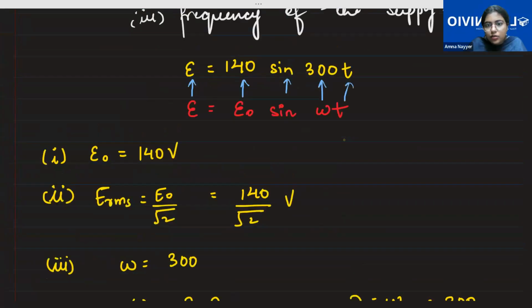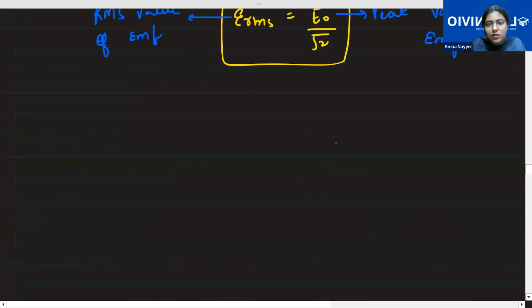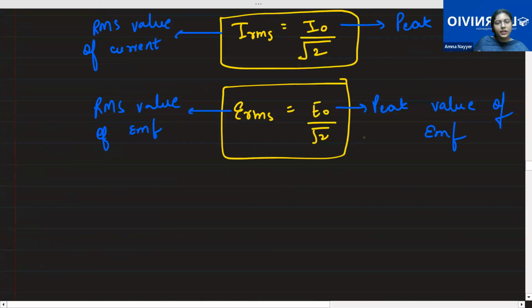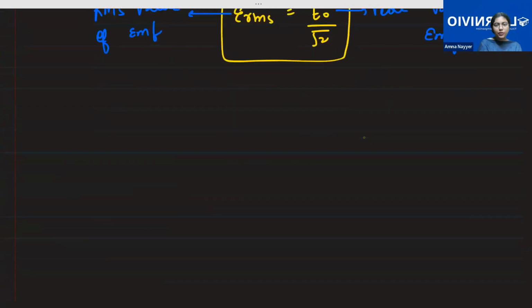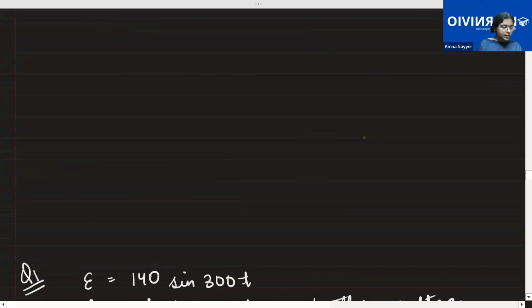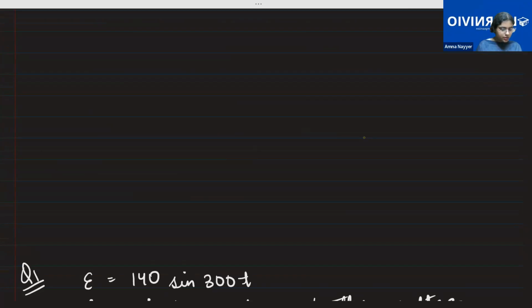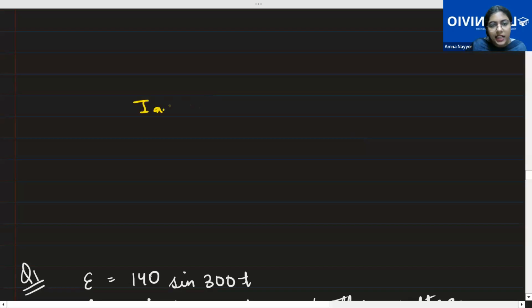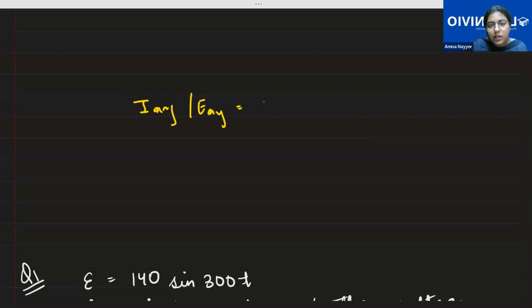Okay. So you can remember this as, just wait, I'll just tell you. Because there are a few things you should remember. Value of 1 by root 2 is equal to 0.707. See, when we had I average or E average, it was equal to 2 I naught by pi or 2 E naught by pi.